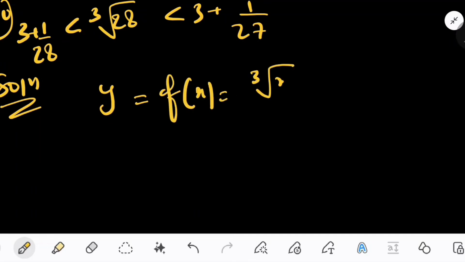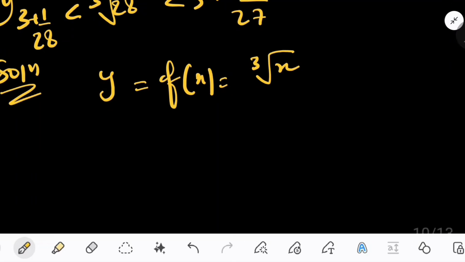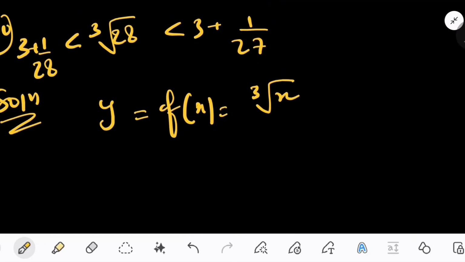assume cube root of x as the function. This is the basic idea; you can't approach using any other function. You assume the middle function as the function by which you work out the expressions.